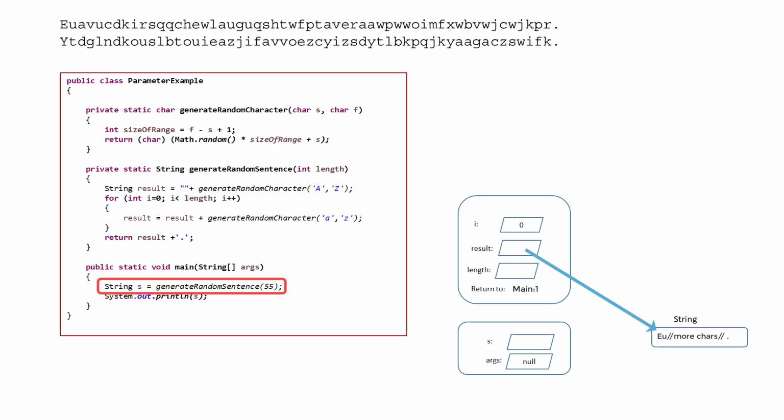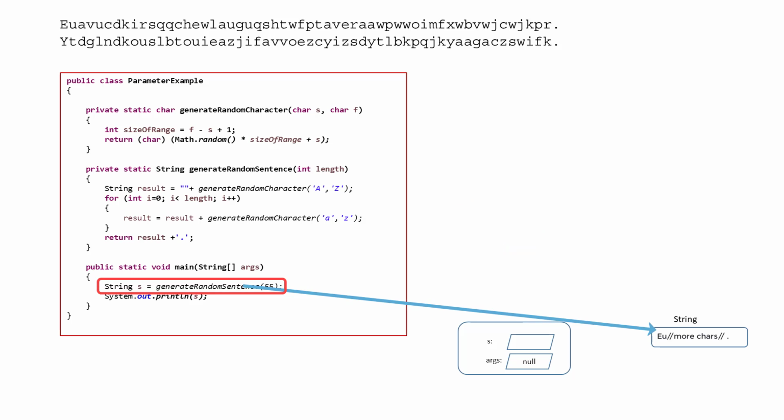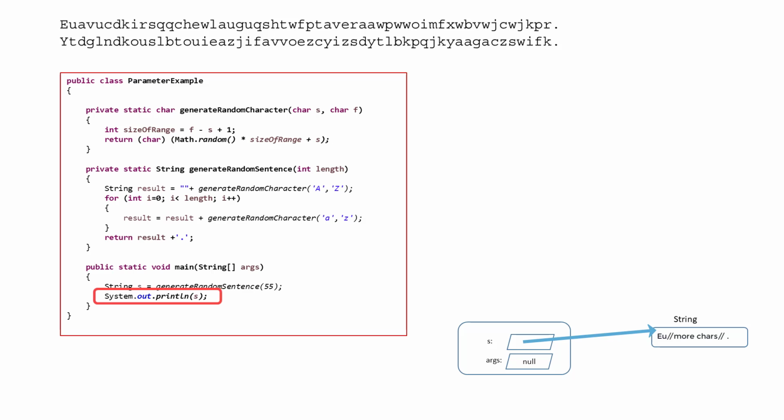And then it's going to take that reference. That's what the call on generate random sentence will evaluate to. And it's going to throw away the stack frame. This code is going to take that reference and store it into the S in the current stack frame. And then it will print that out to the screen and our program will exit.